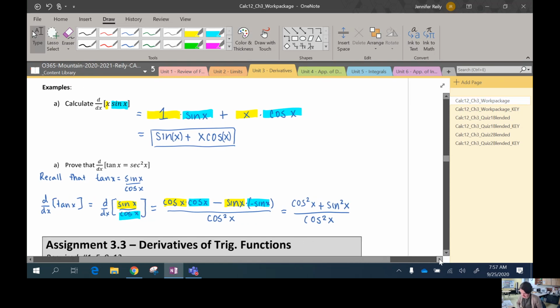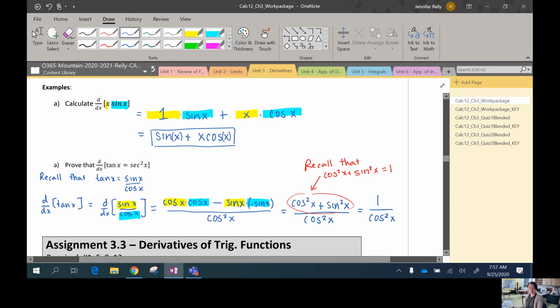And this, we can see above I wrote that sine squared plus cos squared x equals 1. And so I'm just going to write that in red. Recall that cos squared x plus sine squared x equals 1. So the numerator there is actually equal to 1.